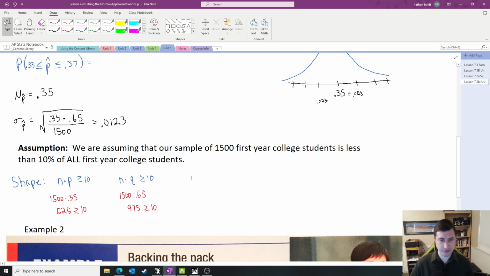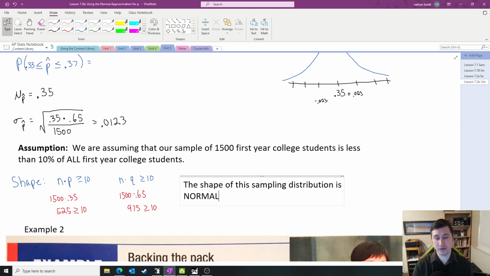So what we have here for our shape, the shape of this sampling distribution is normal, or I guess I should technically say approximately normal, because n times p is greater than 10 and n times q is greater than 10.